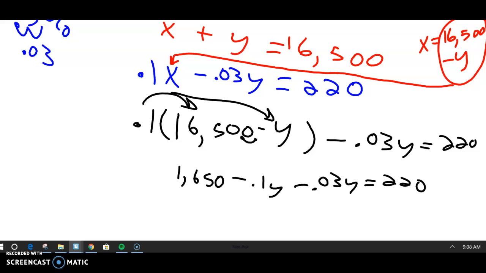And as I go ahead and solve this, I combine, and on this side I get negative 0.13Y. And then when I subtract that 1,650 from each side, I get negative 1,430. Now I need to divide those.